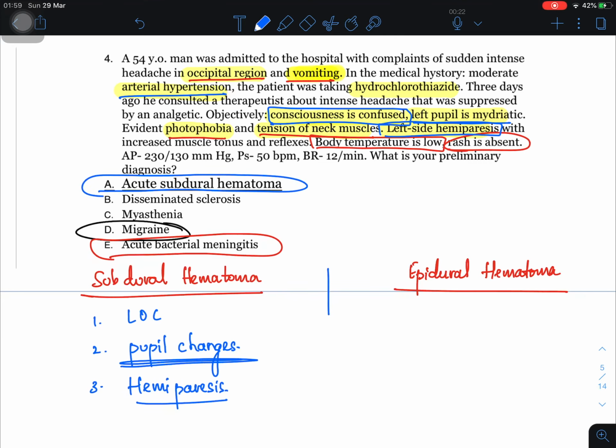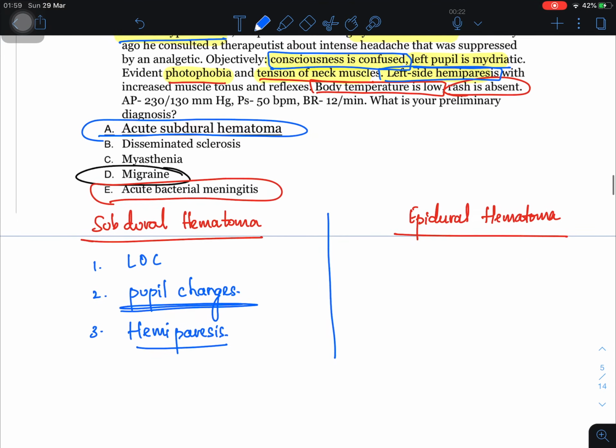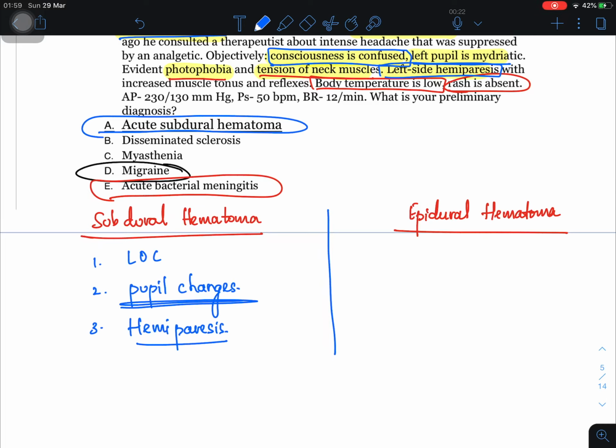Coming to epidural hematoma, if they remove one of these options and put epidural hematoma there, you should not be confused between these two hematomas. In epidural hematoma, the patient will be having a lucid interval. What do I mean by lucid interval? When the patient had hematoma, obviously he will go unconscious.